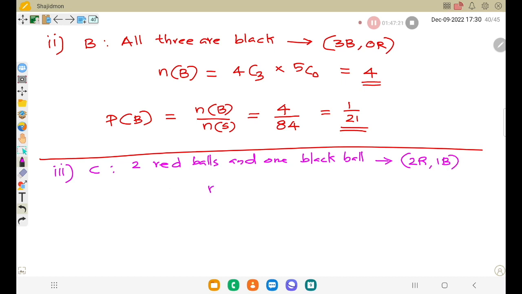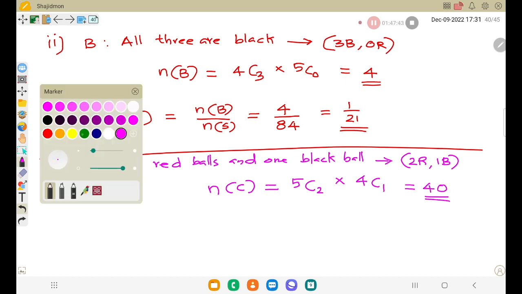So how many ways? Number of C, the number of outcomes favorable to the event C, equals 2 red. How many red do we have? 5. So 5C2, multiplied by 1 black we need to select from 4, so 4C1. You can check the number, you will get 40.